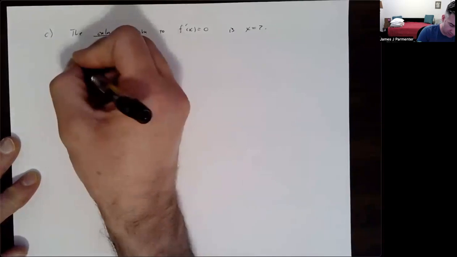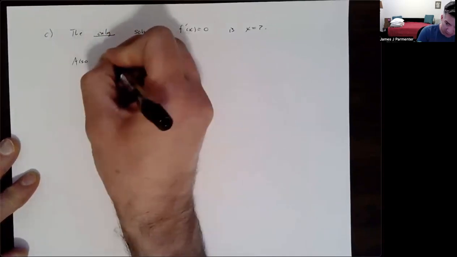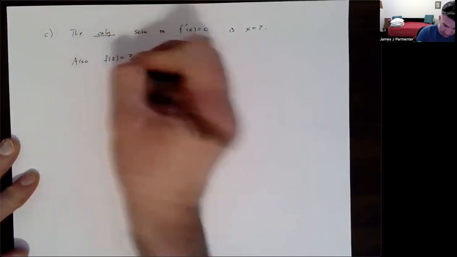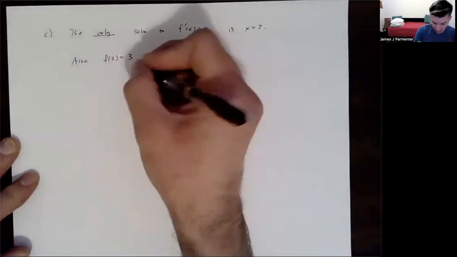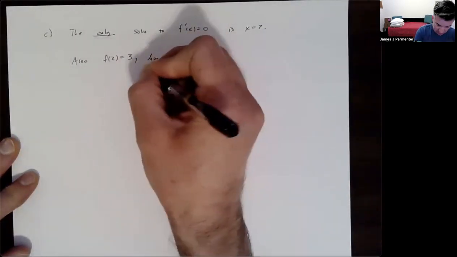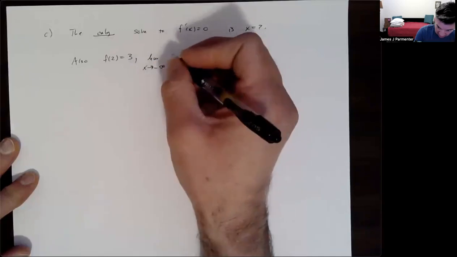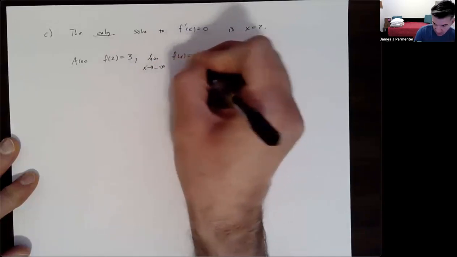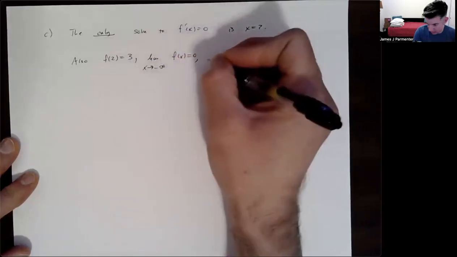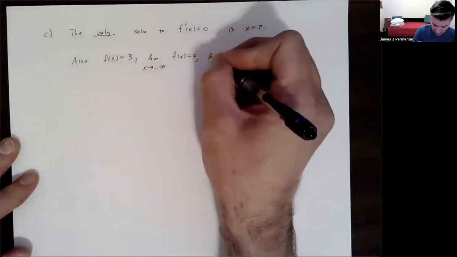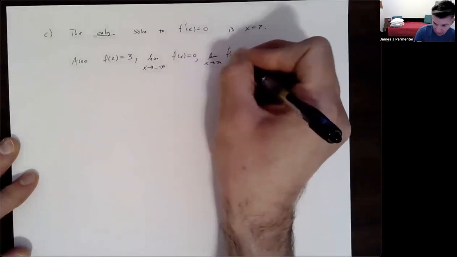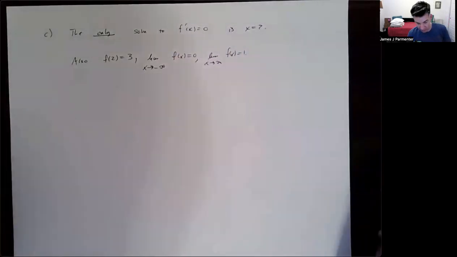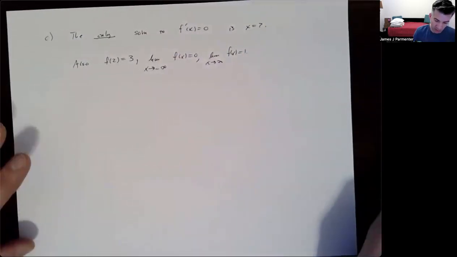Moreover, also, f of 2 equals 3. The limit as x goes to negative infinity of f of x is 0. And the limit as x goes to infinity of f of x is equal to 1. Identify the range.